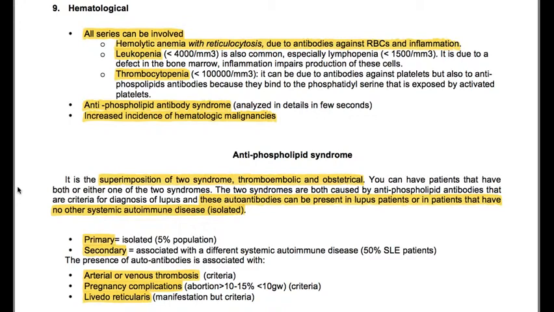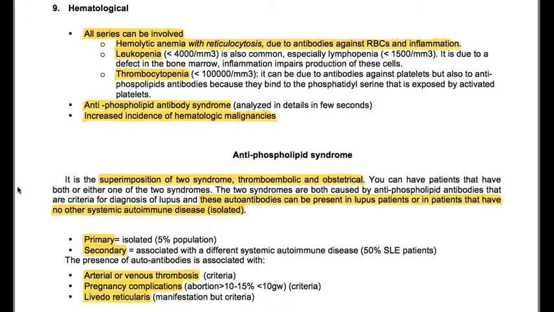It's due to a defect in the bone marrow. Infiltration impairs production of these cells. You have thrombocytopenia, which is less than 100,000 per cubic millimeter, that can be due to autoantibodies against platelets, but also to antiphospholipid antibodies because they bind to the phosphatidylserine that is exposed by activated platelets.